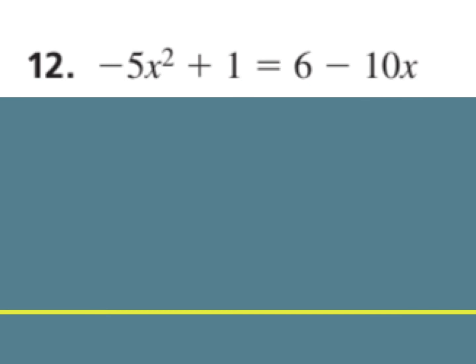All right, let's do one more. Number 12. What should I do first? Make it equal to 0. So how can I do that? Subtract 6 and add 10x.